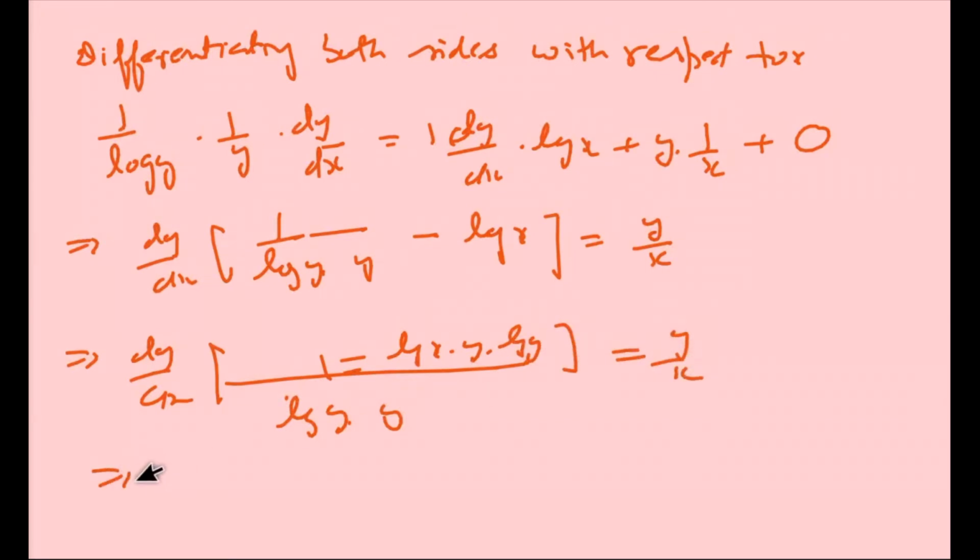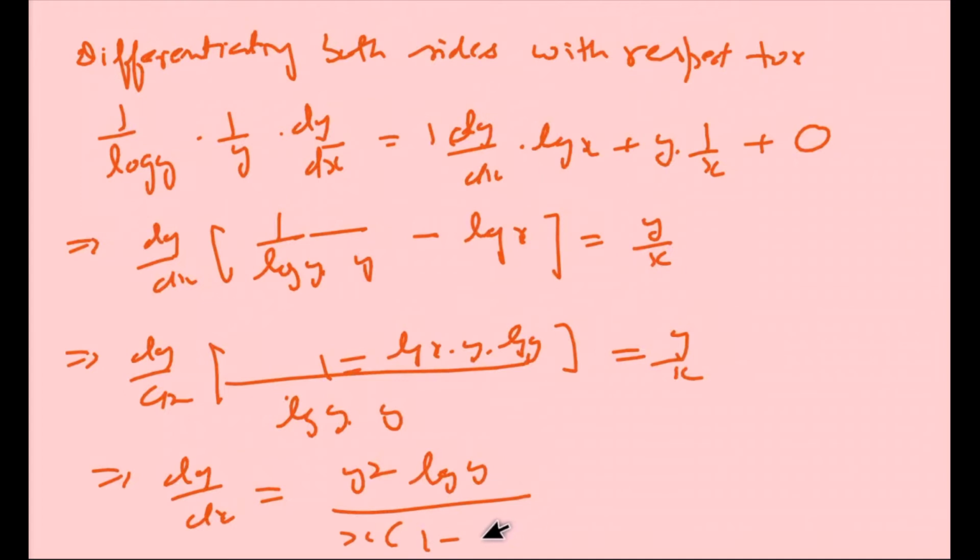Now using cross multiply, y square into log y upon x, in bracket 1 minus y log y into log x. Okay, so it is proved. Now do more questions.